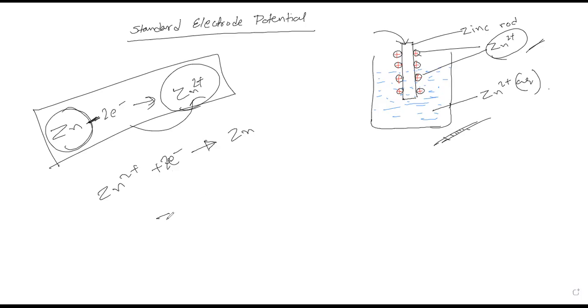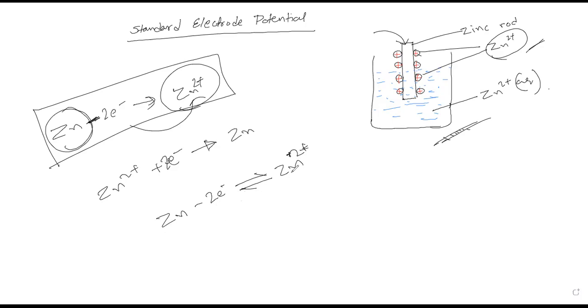That means we can say there is actually a reversible reaction being carried out. It goes on the right hand side as well as on the left hand side. So it's a two-way reaction. Zinc ions from the solution gain electrons to make the zinc solid as well.